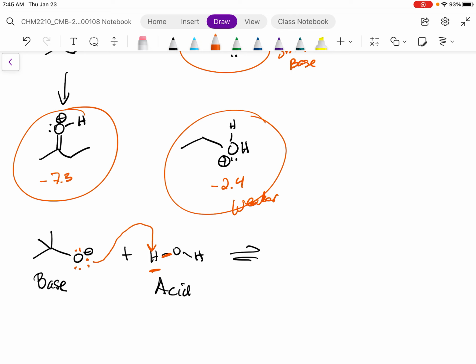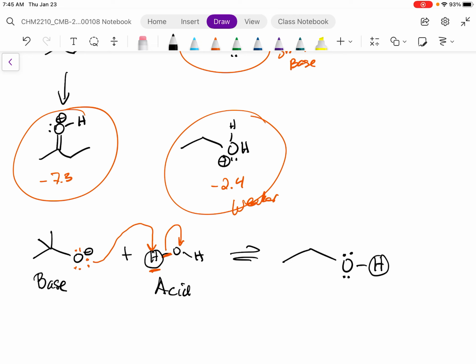That's not good. So what we have to do is break the oxygen-hydrogen bond and stick the two electrons within that bond on the oxygen. So now we have something that looks like this. We just formed this oxygen-hydrogen bond. So this hydrogen is now that guy.